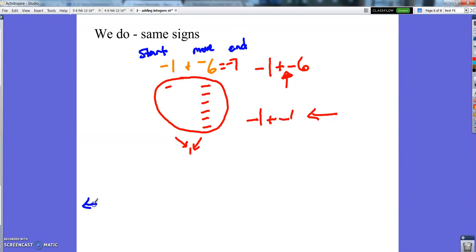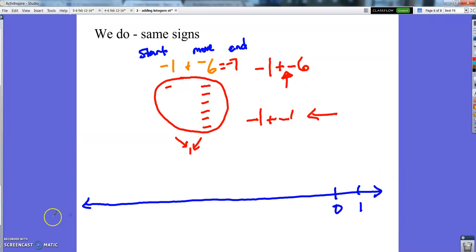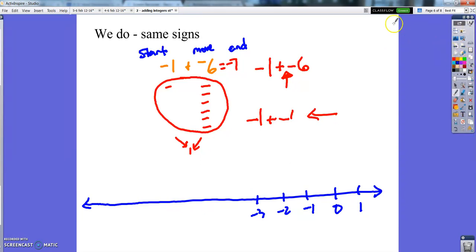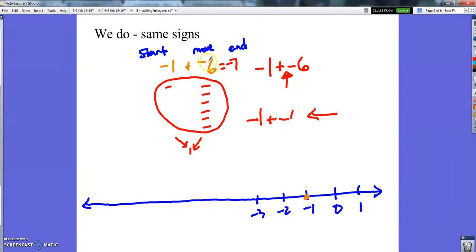So here we go, number line. It looks like I'm going to be all in the negative part of the number line here. So I'm going to put my 0 way over here, so that I have lots of negative area. 2, 3. Oh, I don't need all that yet. So I'm going to start at negative 1, and I'm going to move 6 units in the negative direction for negative 6.